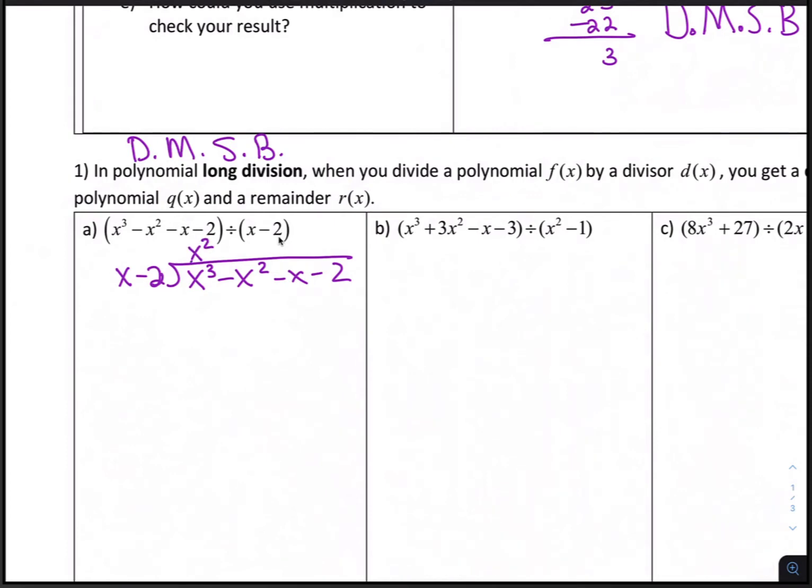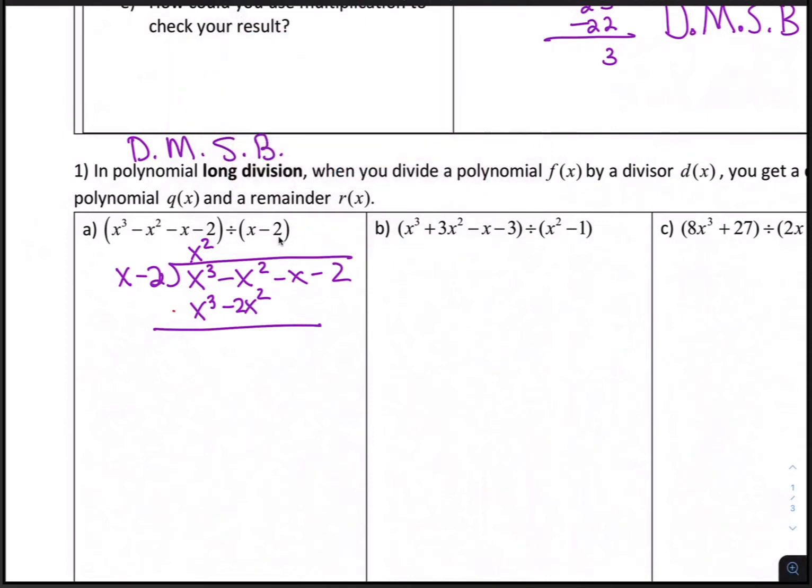Now you're going to take this x squared and multiply it by the entire divisor. That is x squared times x and also x squared times negative 2. X squared times x is x to the third, which you write on the next line. And also x squared times the negative 2 is negative 2x squared, which you also put on the next line. Now you draw a line and we're going to subtract.